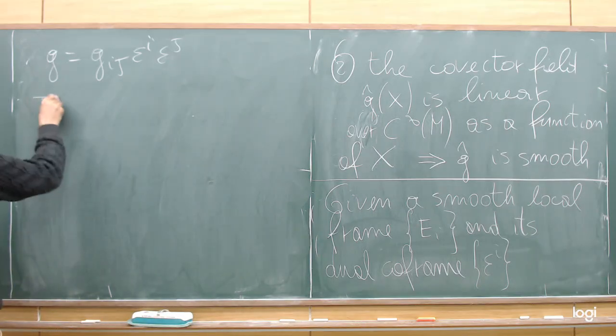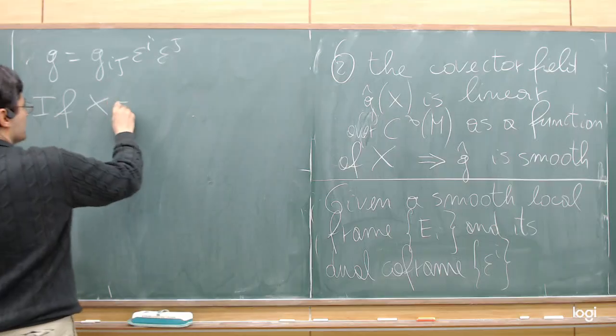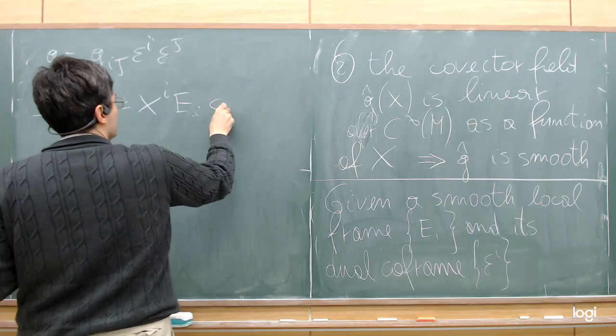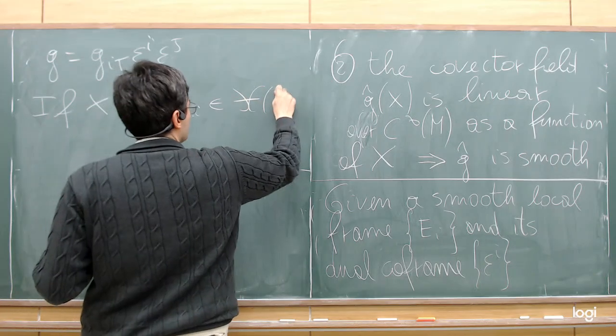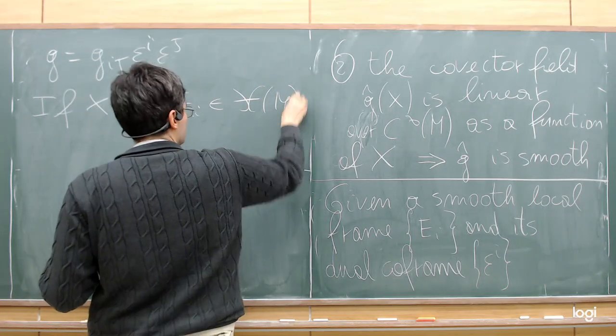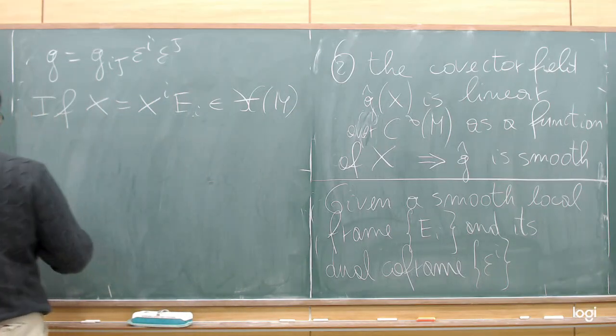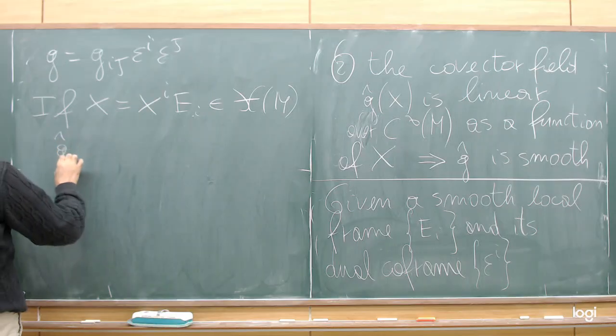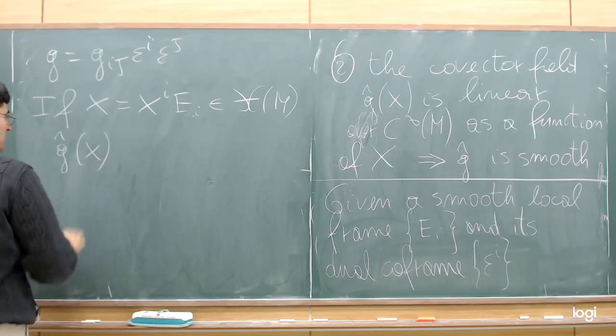So if X equal X^i E_i is a smooth vector field on M, what is the expression of G hat X?